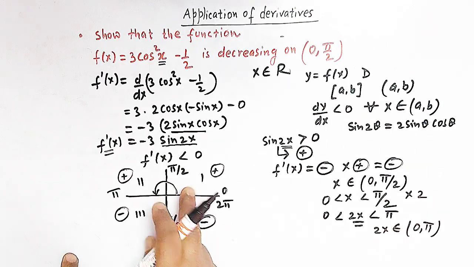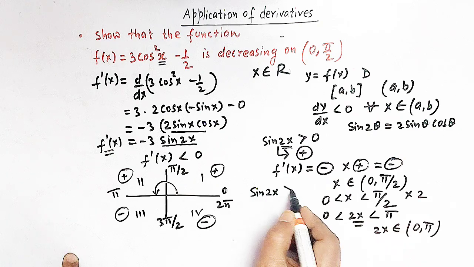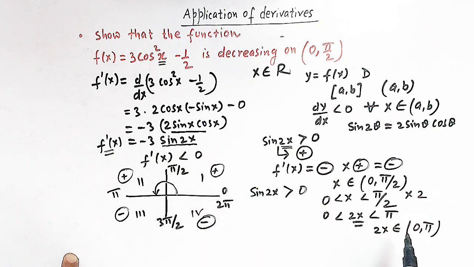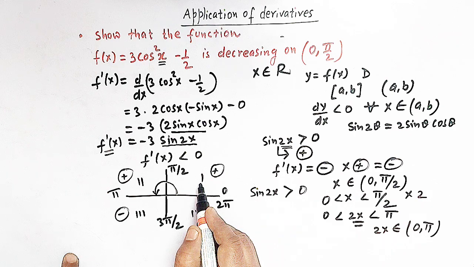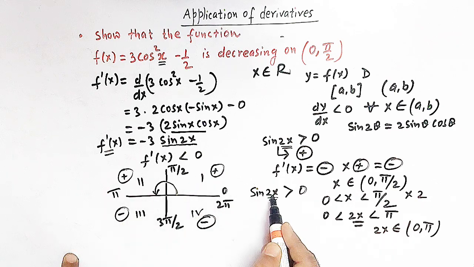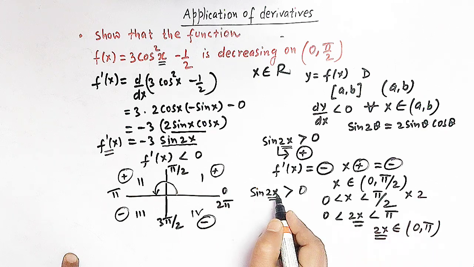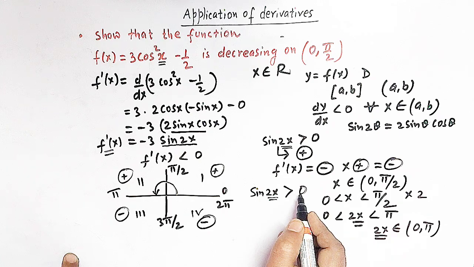So now we can conclude that sine 2x is greater than 0 when 2x belongs to 0 to pi. That is, sine 2x takes the value either in the first quadrant or in the second quadrant. So sine 2x is greater than 0.